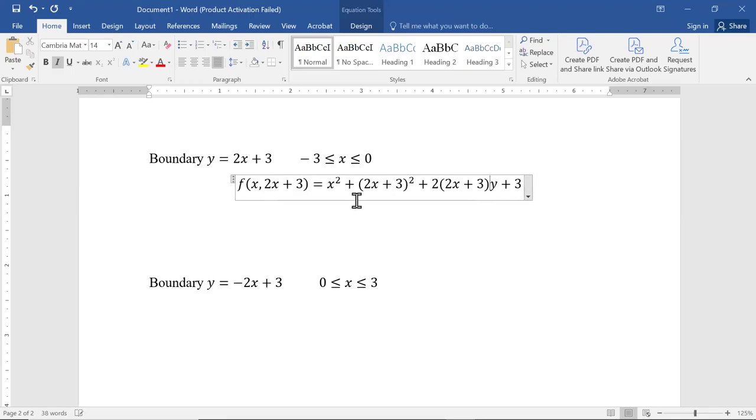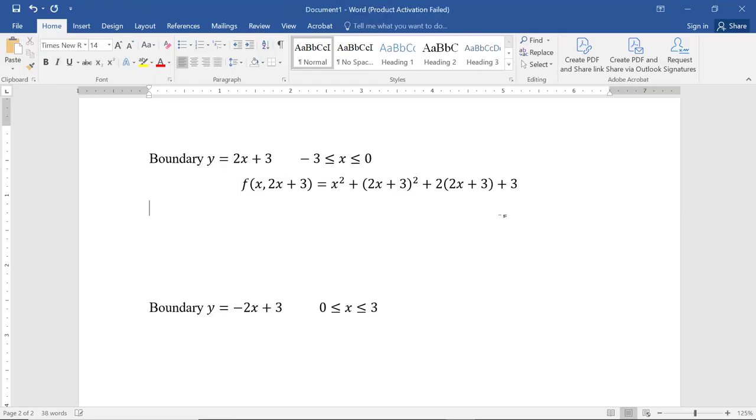And then that's going to give me a function that is written completely with respect to x.